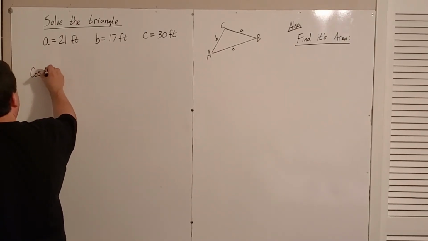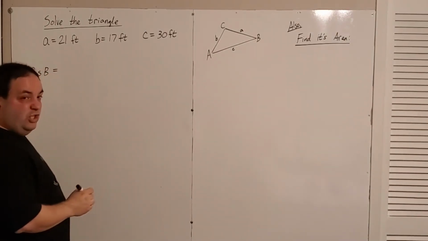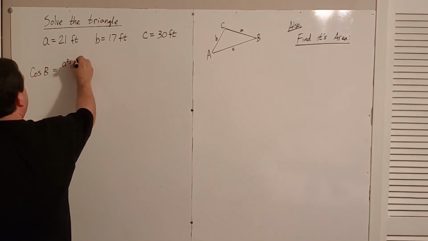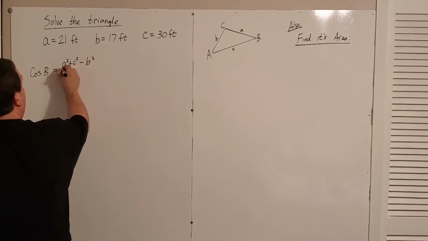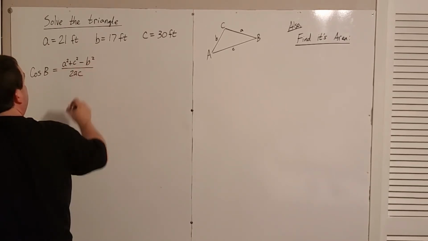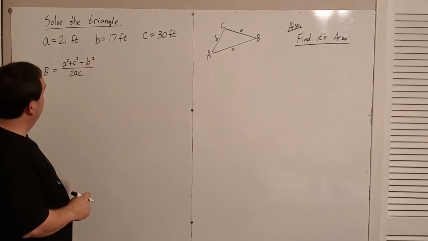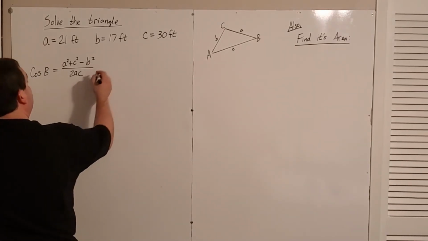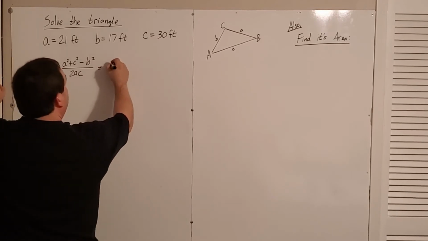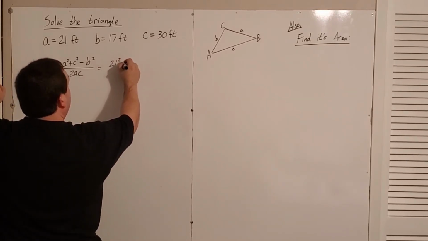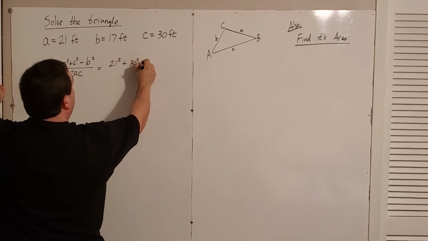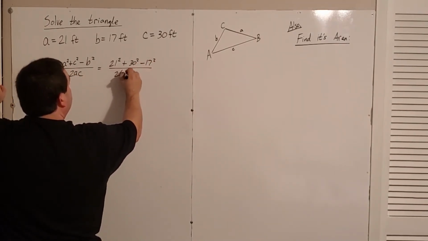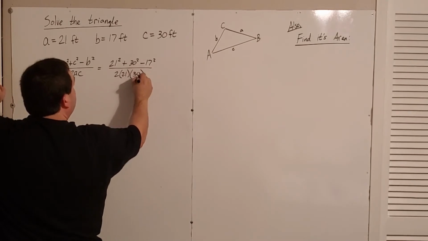Cosine of B is equal to A squared plus C squared minus B squared over 2 times A times C. There's our formula. Okay? So then I'm going to set that up. 21 squared plus 30 squared minus 17 squared over 2 times 21 times 30.